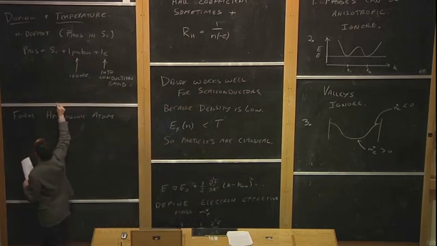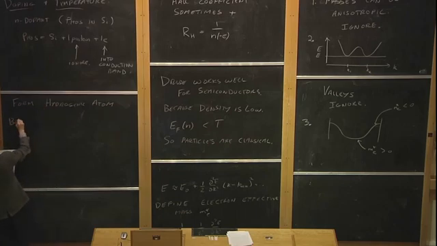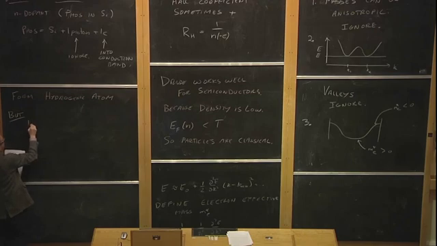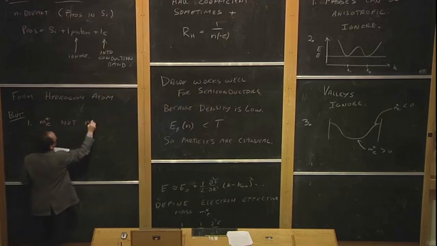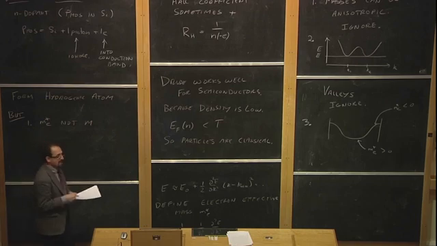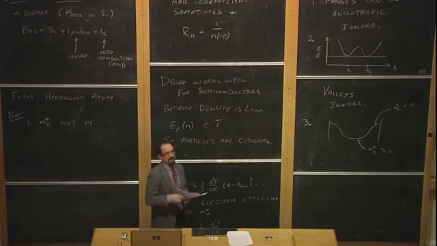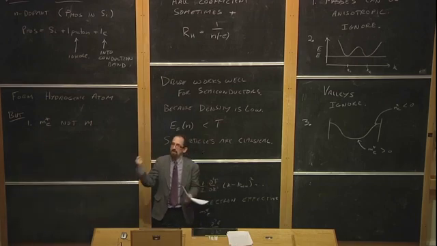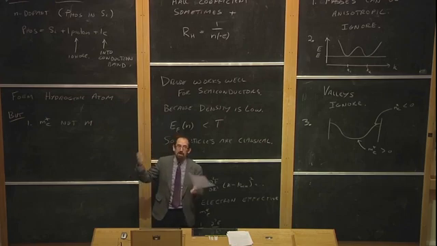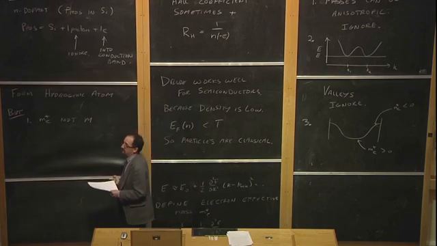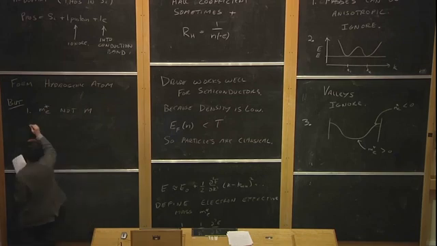But it's not a regular hydrogen atom. It's slightly different from a hydrogen atom because, one, m star, not m, not the mass of the electron. It's the effective mass of the electron, not the mass of the electron. The dynamics of the electron running around in the conduction band is given by m star, not the bare mass of the electron. So that's difference one. The second difference is something you learned in E&M.